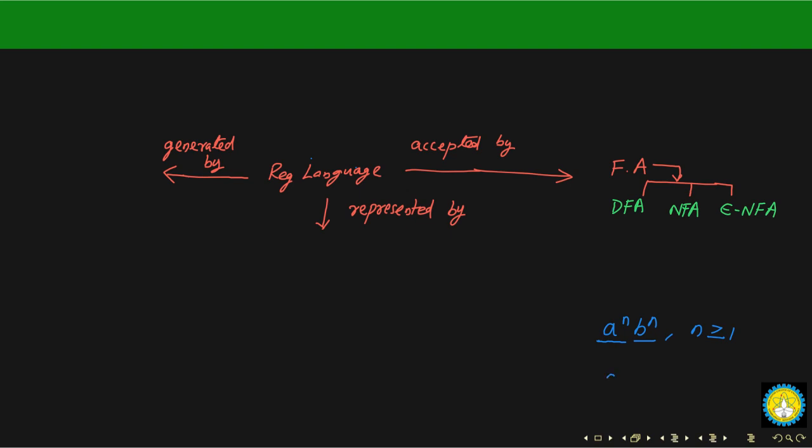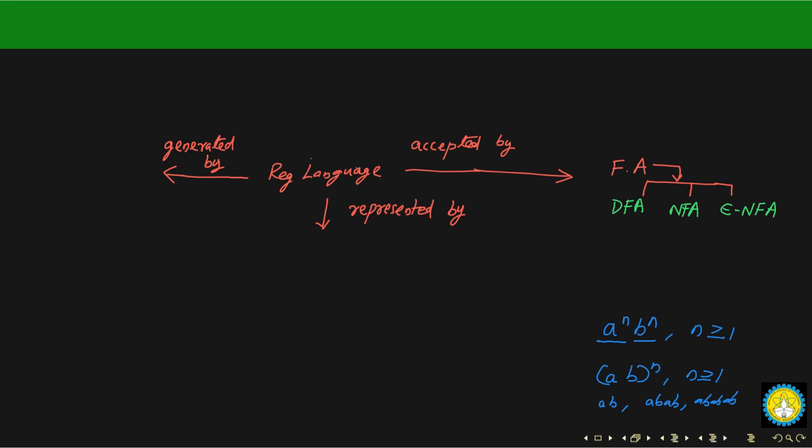Now, if you look at this example, (AB) raised to n, where n is greater than or equal to 1, this means that you should see continuous patterns of AB. So your possible string can be AB, or ABAB, or ABABAB. This doesn't require you to count the number of A's and the number of B's.